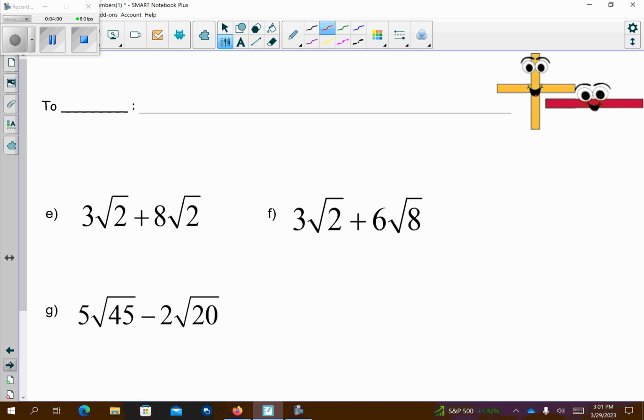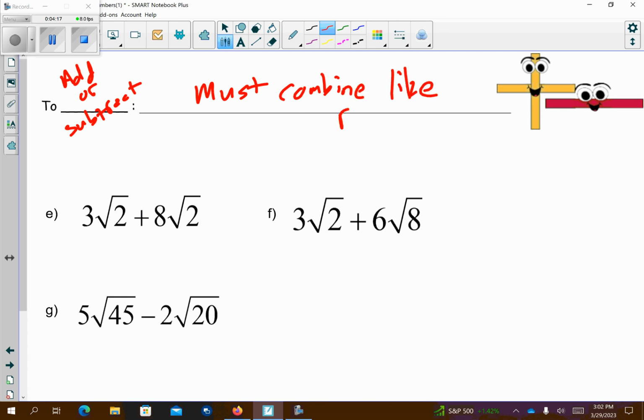Okay, so when we add or subtract, to add or subtract, you must combine like radicals. And we might refer to radicals as like terms.